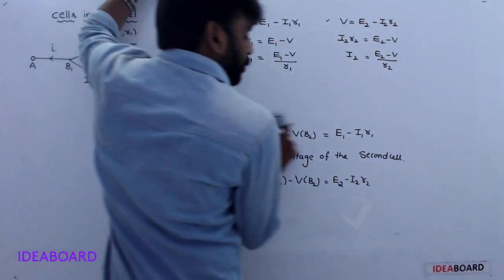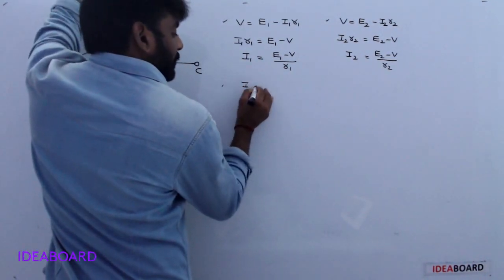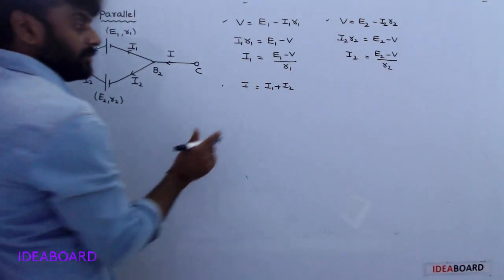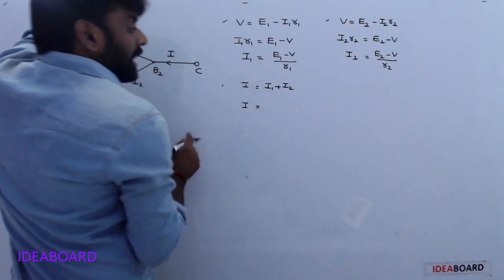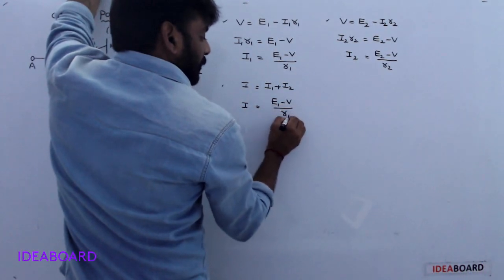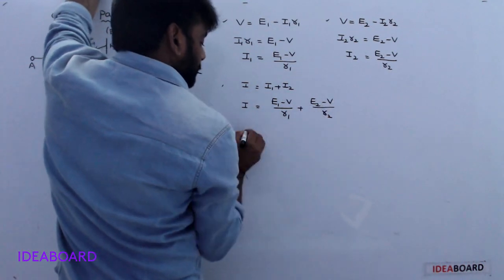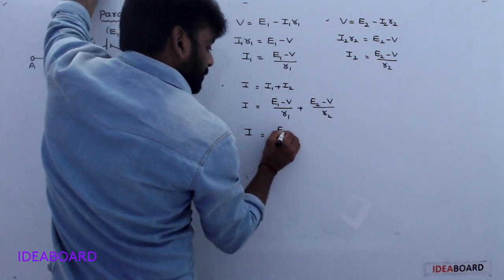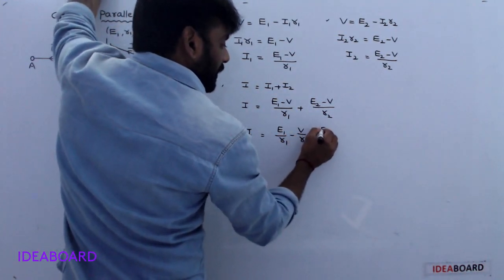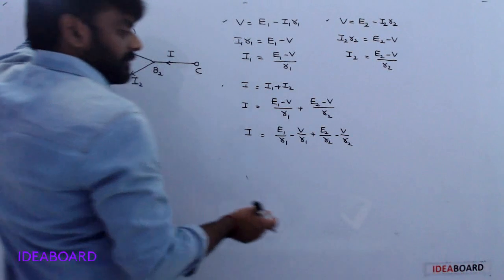Now, what is the total current here? Total current I is equal to I1 plus I2, which is E1 minus V by R1 plus E2 minus V by R2. So I is equal to E1 by R1 minus V by R1, plus E2 by R2 minus V by R2.